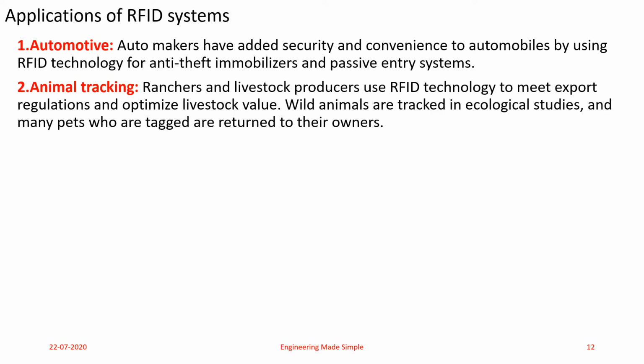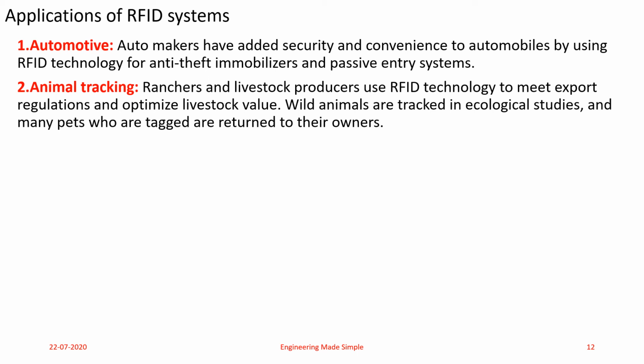Now, regarding wild animals and ecological studies, we see many programs on National Geographic and Discovery Channel where animals are tagged, and the people who do ecological studies read the appropriate data from that animal and make appropriate analysis regarding their ecological studies. So this is how RFID technology is used in animal tracking and ecological studies.